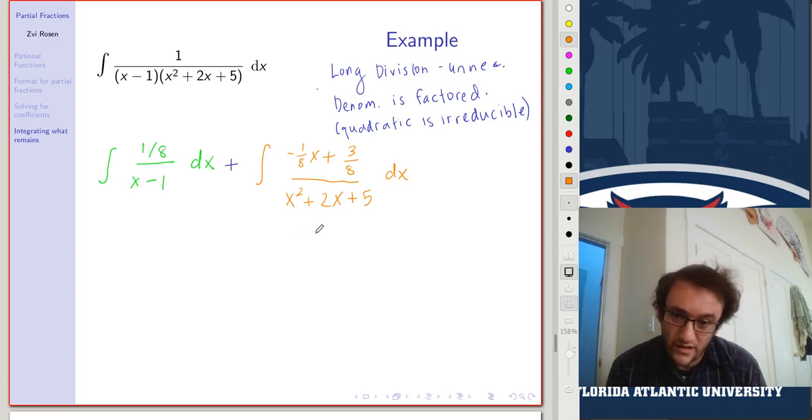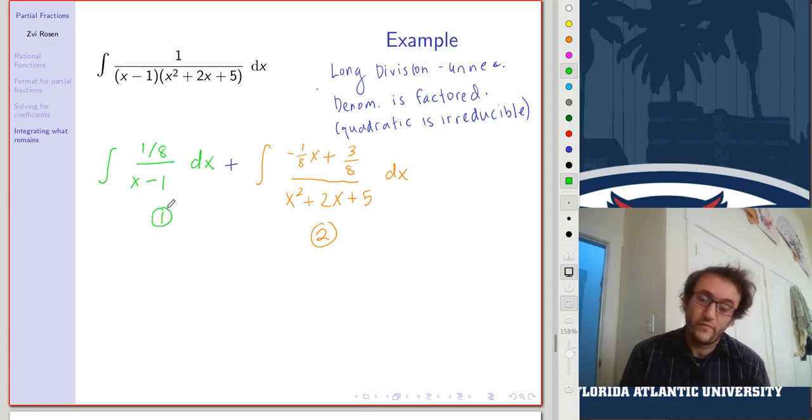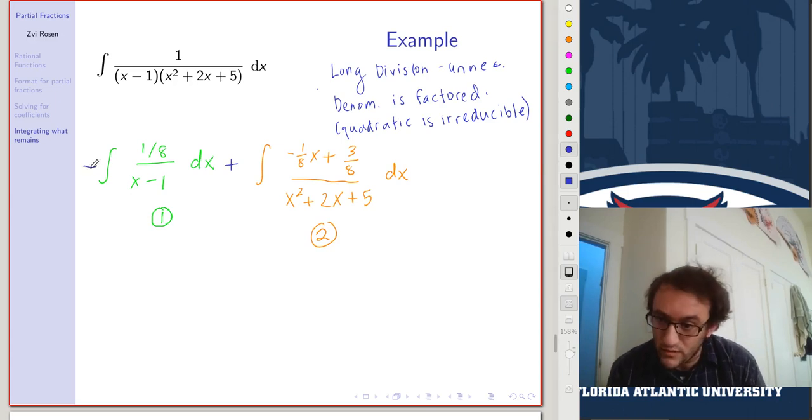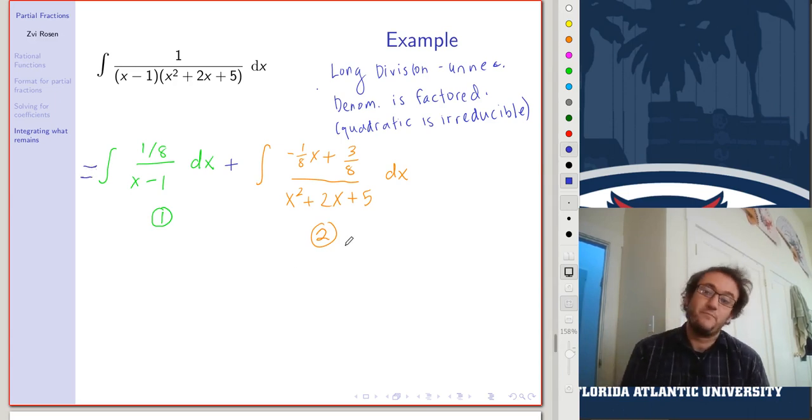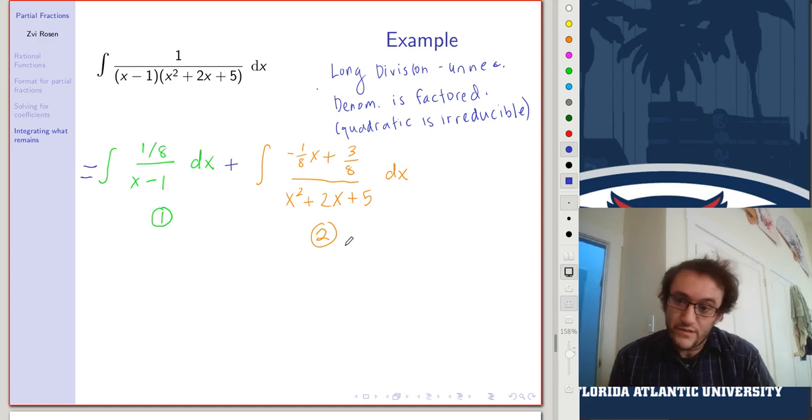This will be our integral number 1 and this will be our integral number 2. We'll write a little equal sign here so we're keeping track. First things first, we can do integral 1.